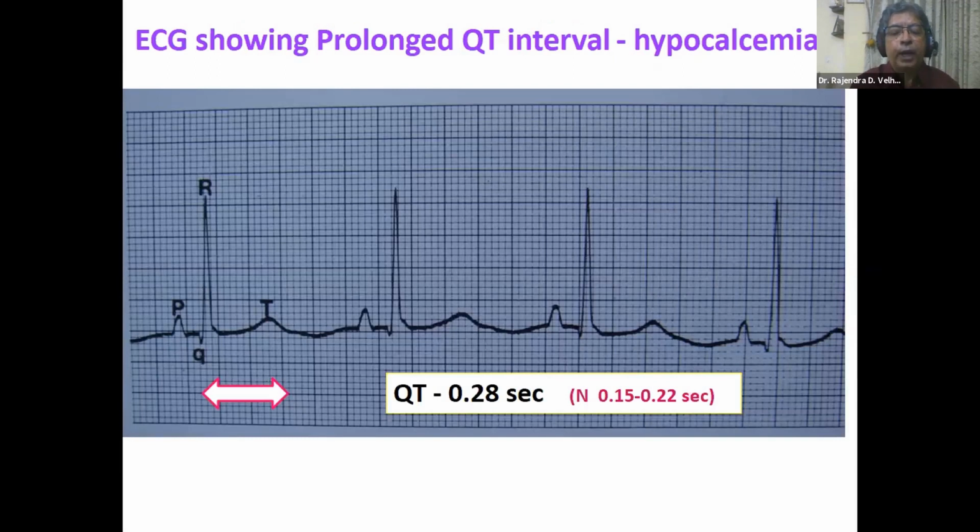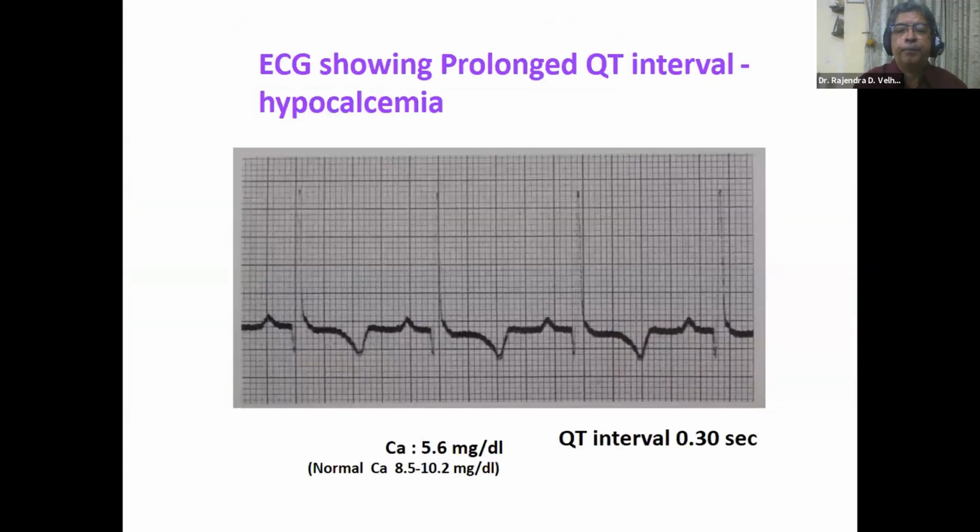It is at 0.28 seconds. This is another case of hypocalcemia where the QT interval is at 0.30 seconds. So hypocalcemia prolongs the QT interval.